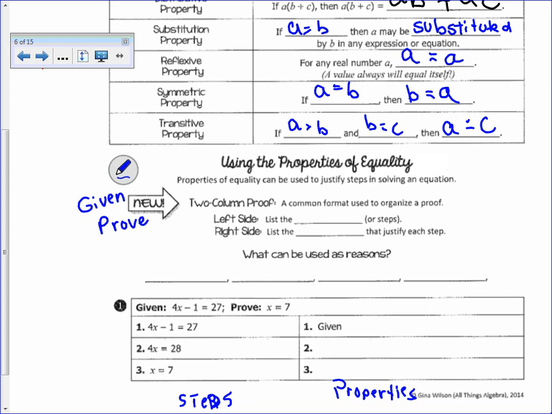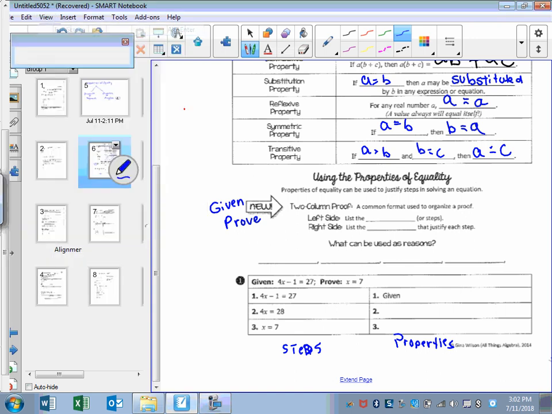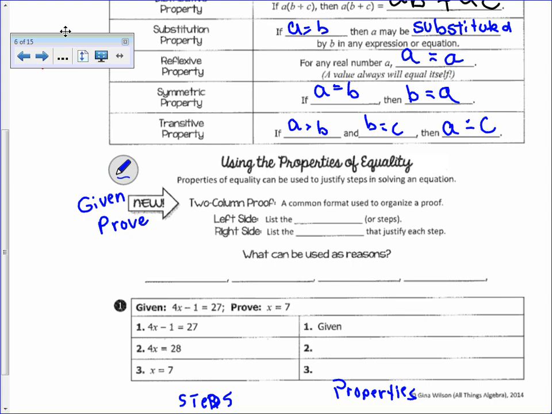This is the end, the product of the two-column proof. Anyways, so the left-hand side is the steps, right-hand side are the properties. What can be used as reason? Any of the properties above.